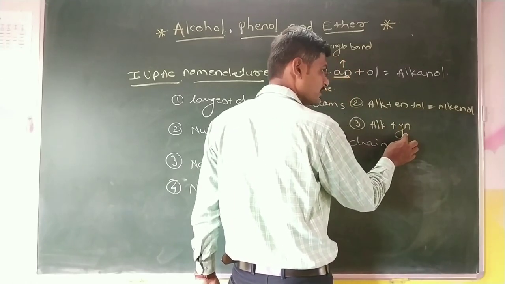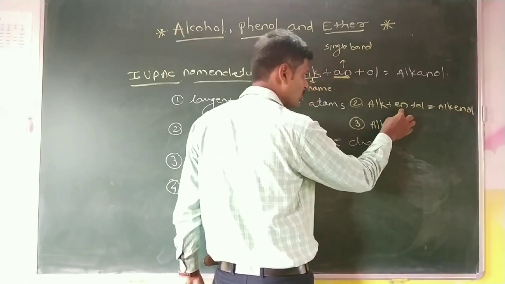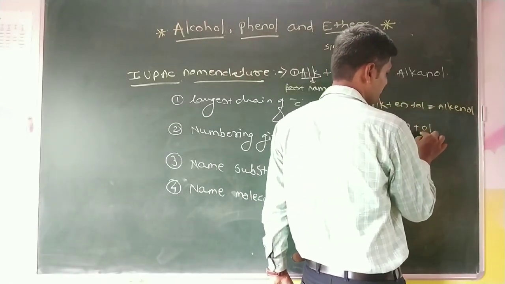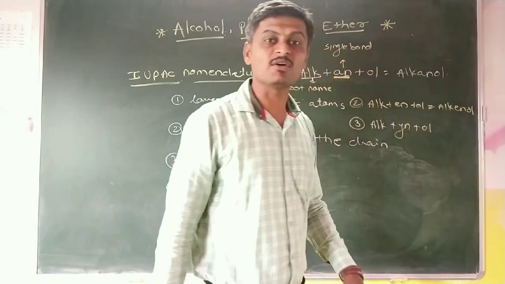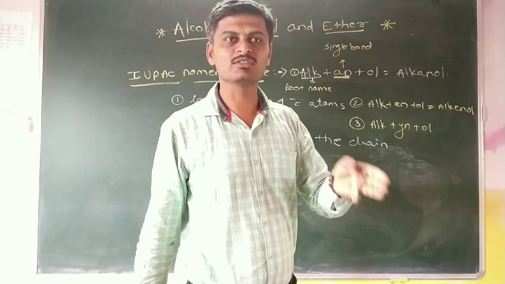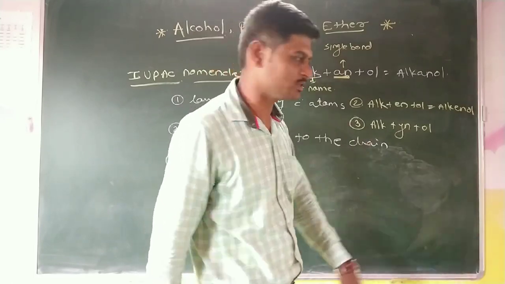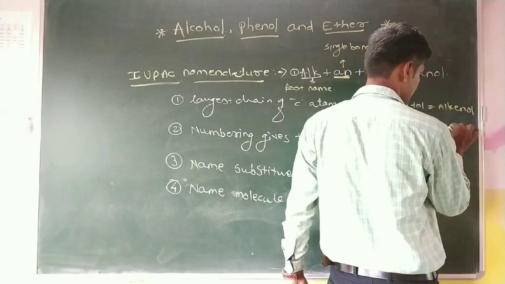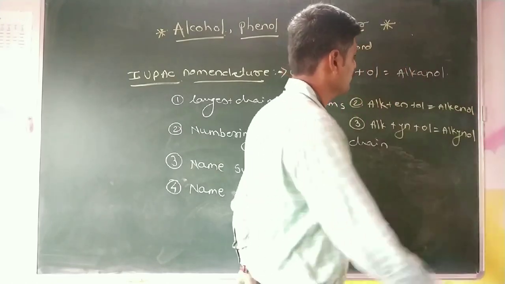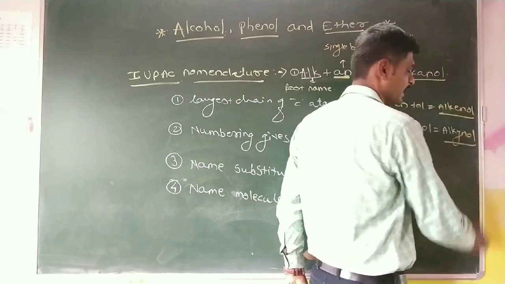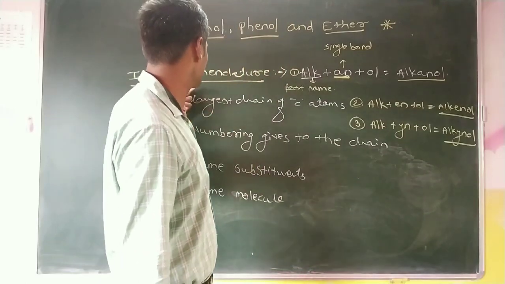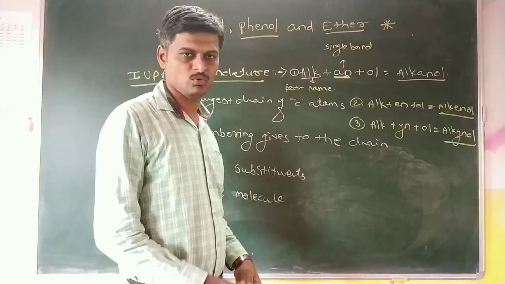This one indicates the triple bond, this en indicates the double bond, this an indicates the single bond. After that, the ol will represent the suffix of hydroxy group or suffix of the alcohol functional group. Then it is named as alkanol. By using these three names, we can easily determine the IUPAC nomenclature of alcohol.